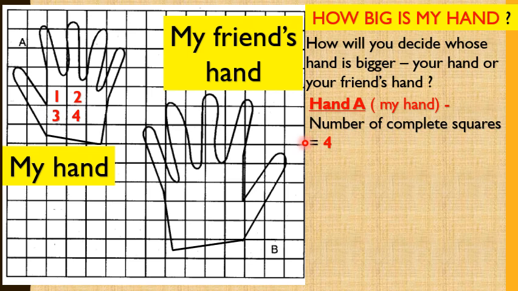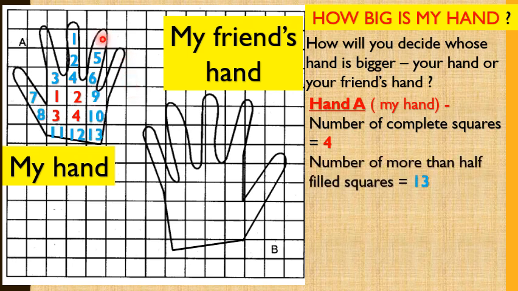Now we will find the number of more than half filled squares. 1, 2, 3, 4, 5, 6, 7, 8, 9, 10, 11, 12, 13.